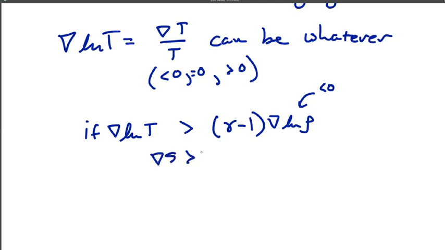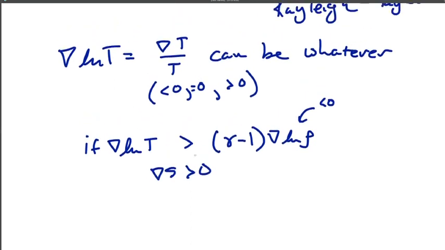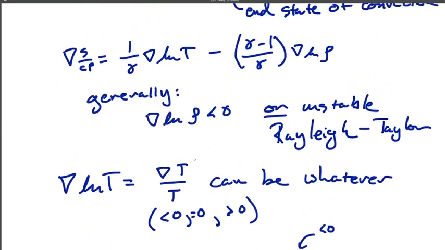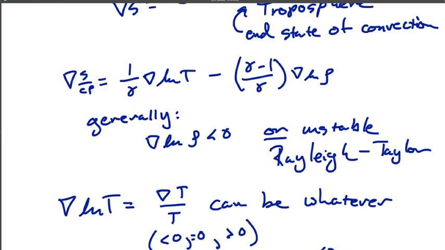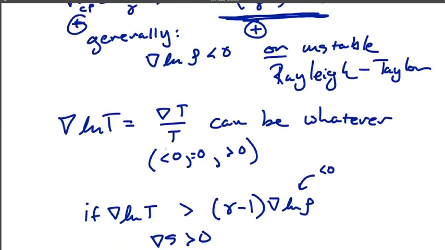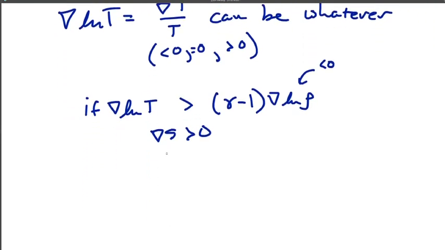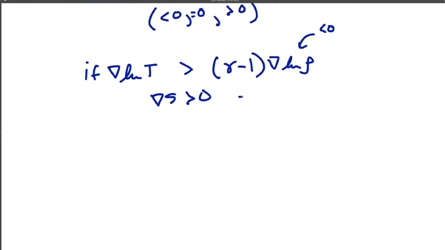Grad S is positive. That's because minus grad log rho is a positive quantity, and so if grad log T is greater than grad log rho, it won't cancel this out, or it will add to it, and that leads to this being a positive quantity. So we have a positive entropy gradient, and as a reminder, that means that we have a stable stratification.